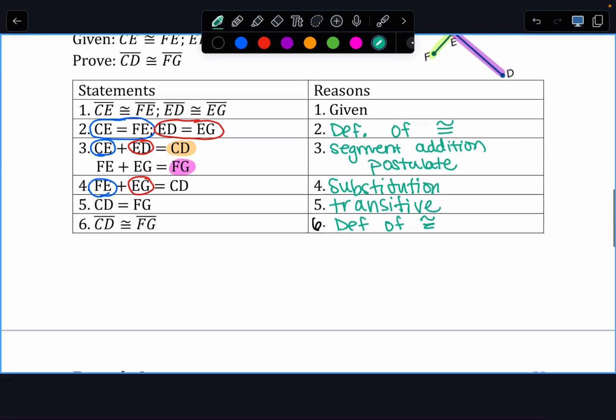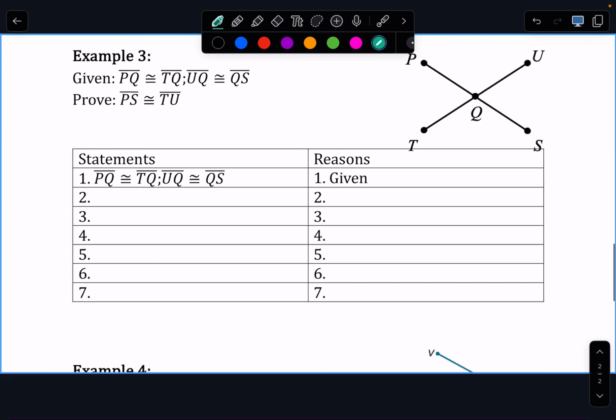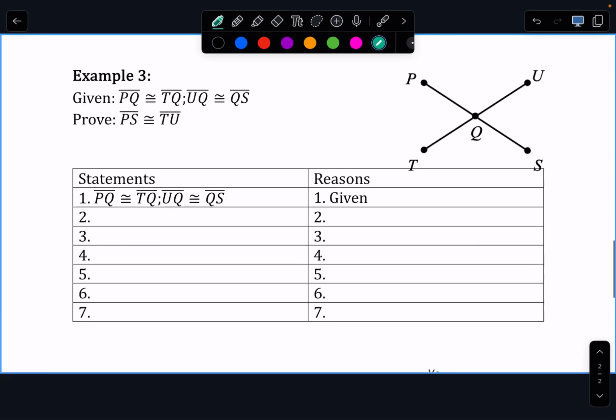Now, we need to do our own statements with reasons in this one. So this is what I want you to do. I want you to look at what we're given, look at what we need to prove. Don't write anything down, but I just want you to start thinking. Maybe have a conversation with your elbow partner.